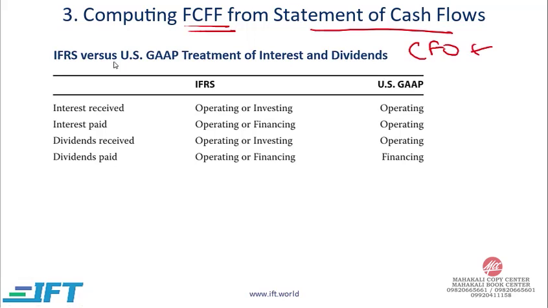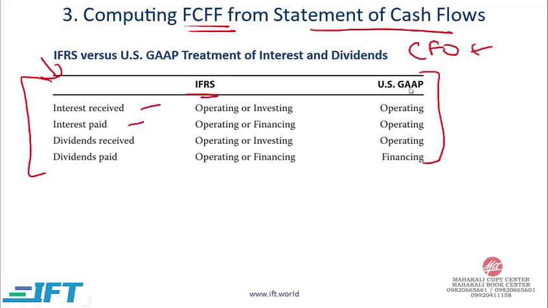And this hopefully is another flashback, because this particular table was also there at level 1 in the reading on cash flows, where we looked at the treatment of different items such as interest received, interest paid under IFRS and US GAAP.